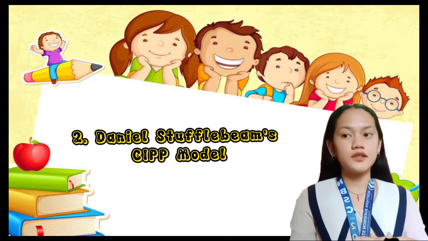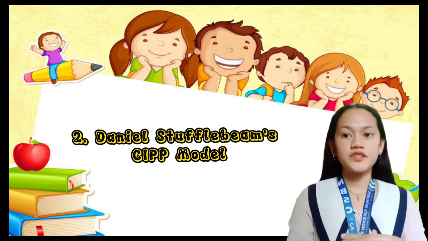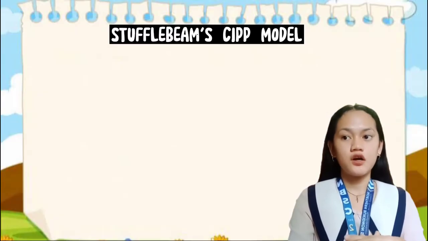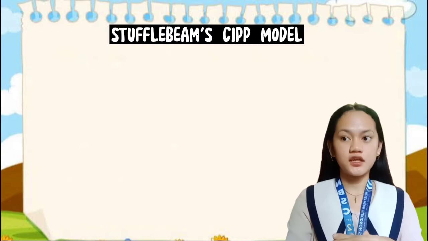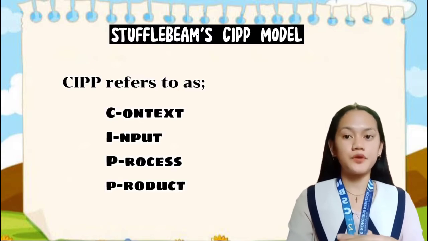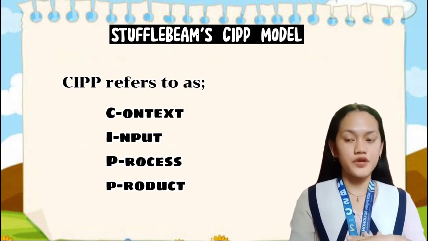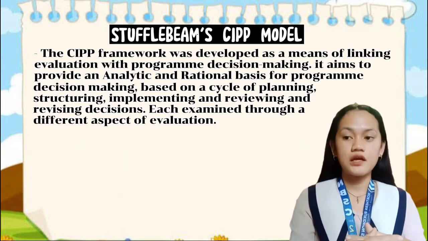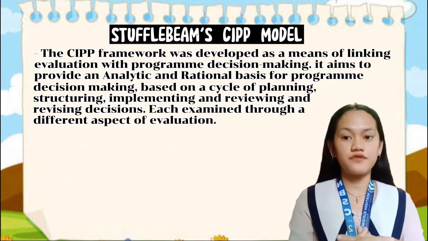The next model is Daniel Stufflebeam's CIPP Model. What does CIPP mean? The full form of CIPP refers to C for context, I for input, P for process, and P for product, which helps in the judgment of program values. The CIPP framework was developed as a means of linking evaluation with program decision-making.